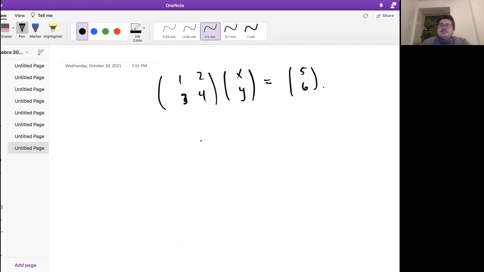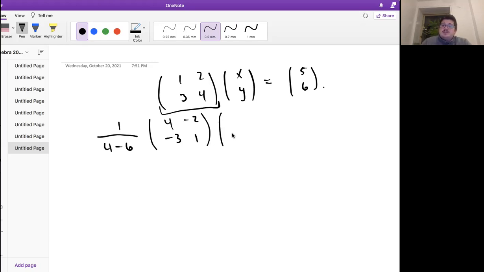Here's a system of equations. The idea is that you can multiply both sides by the inverse of this matrix. So remember, the inverse of this matrix is 1 over (4 minus 6) times [4, -2; -3, 1].